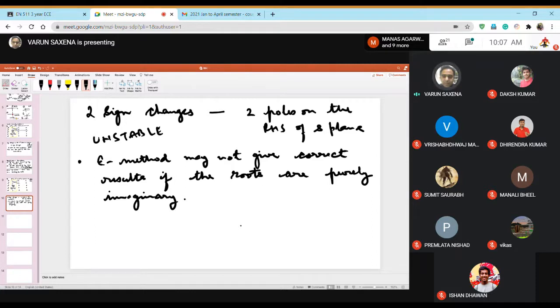That means there is something fundamentally wrong with the criteria, because mathematics must substantiate what we see in physical life. If mathematics gives you a result contrary to what you see in physical life, that means there is something wrong in the mathematics that you're doing. There have been some systems found to be unstable, but the Routh-Hurwitz criteria gives them to be stable. Then there is a problem with the criteria.